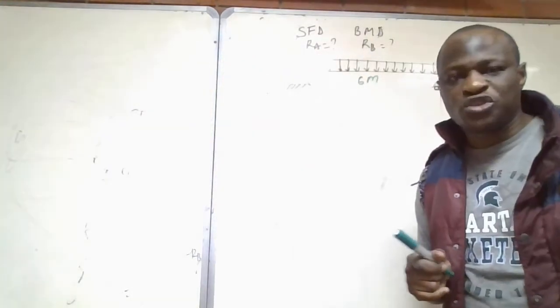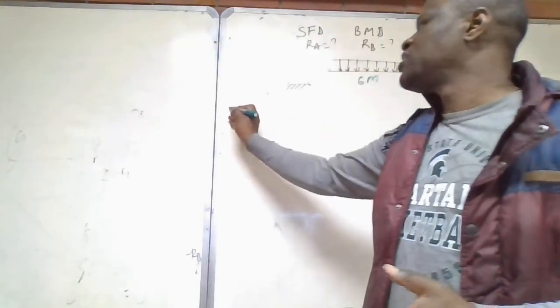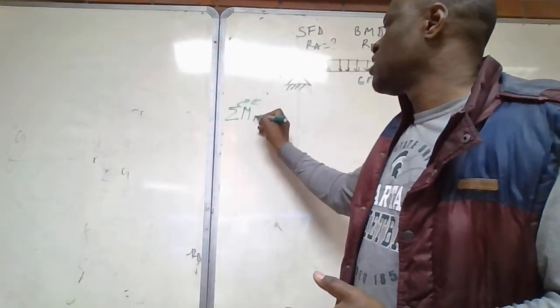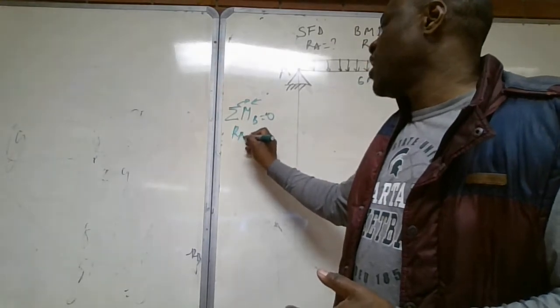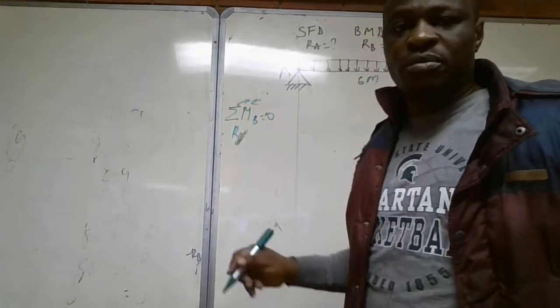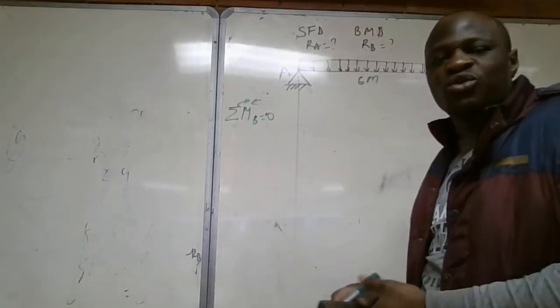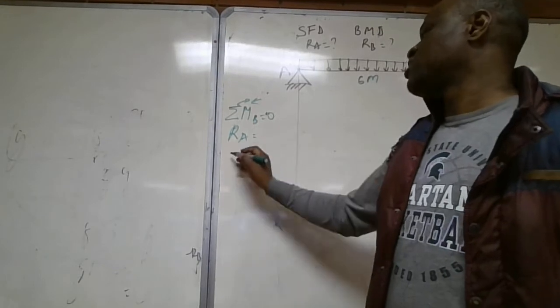First and foremost, we need to calculate the reactions. To get the reactions, we all know how to proceed. Applying the second condition of equilibrium will help us generate the reactions.